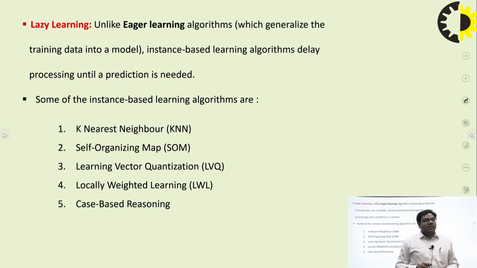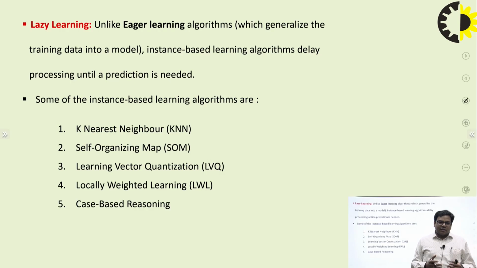Another point of the laziness is, suppose there are 10 lakh or 20 lakh instances stored in the memory, and a new instance arrives for prediction, then it starts to take action. Generally we calculate the distance between the new instance and the old past experience instances.